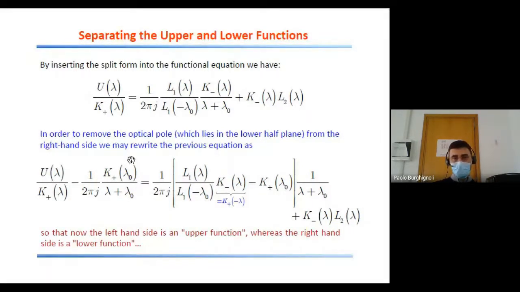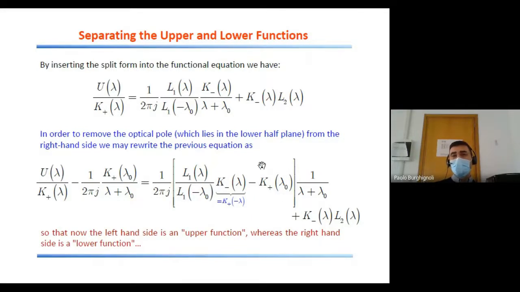Because the constant is such that what is happening on the right-hand side, inside the bracket, is zero when you evaluate it at the pole. That is because k minus is equal to k plus at minus lambda. And therefore, this quantity will be equal to 0 at minus lambda 0.